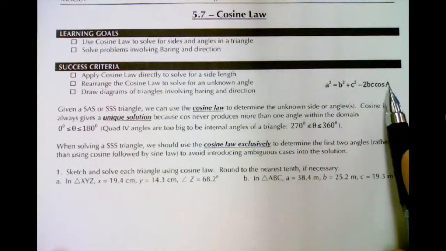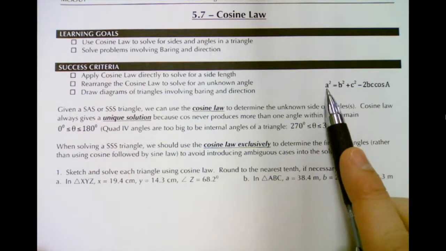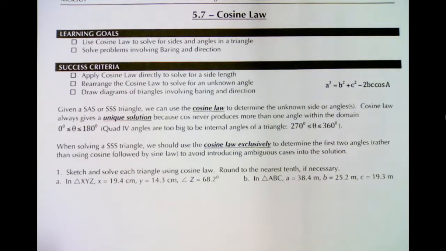That's why it's called a contained angle. That allows you to solve for side a, the opposite side. If you rearrange the equation and you know all three sides, you can solve for any angle.